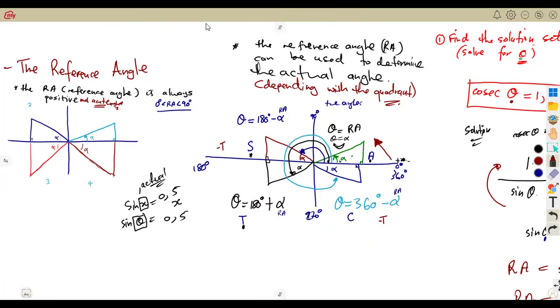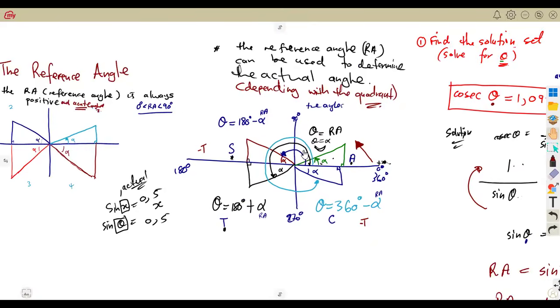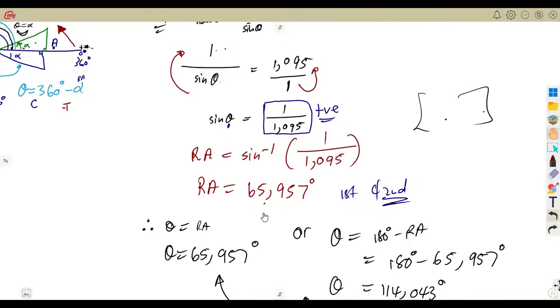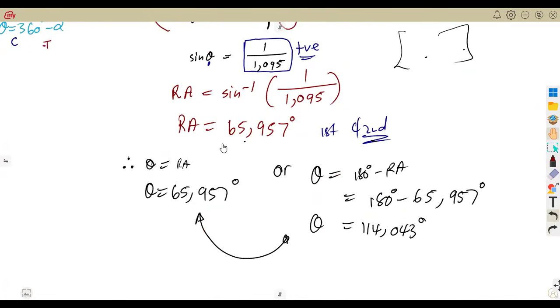Your analysis is supposed to be taken from the quadrants. You do not conclude by just saying, okay, this angle that I just calculated is my answer. No. The quadrants are the ones that will determine the final answer for you. So you need to understand your quadrants as much as you are revising trigonometry. Try to work on your quadrants as much as you can.